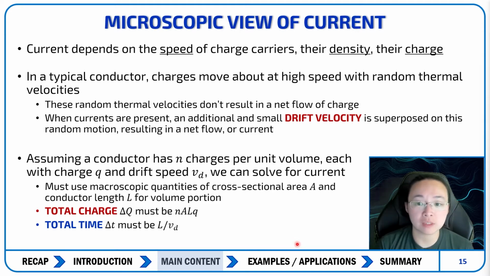So if we know the speed, the charge, and how many charges are per unit volume, then we can calculate the current. We have to use some macroscopic quantities of cross-sectional area, A, and the conductor length L, just so that we can calculate the volume portion, but the rest are microscopic.